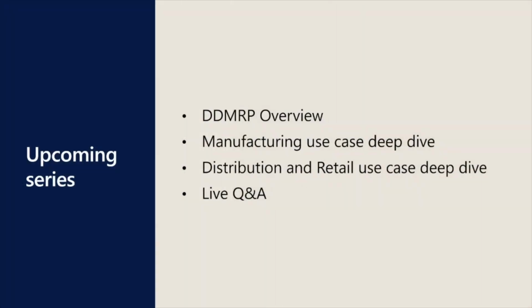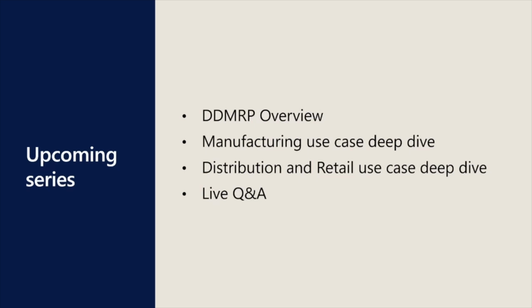Before we dive into this topic, we want to take a minute to pause and note that DDMRP functionality, which is short for Demand-Driven Material Requirements Planning, is a big new feature to Dynamics. And in this session, we consider it to be DDMRP 101, the very basic introduction. How do you get started with Dynamics?